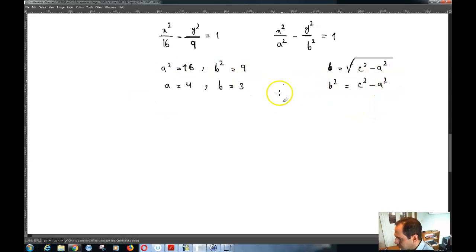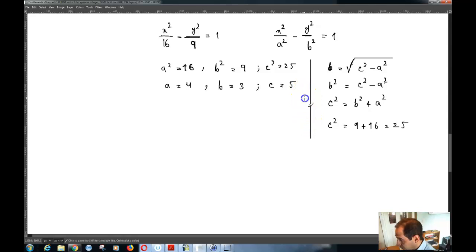Since I'm looking for c here, c squared is equal to b squared plus a squared. So c squared is equal to 9 plus 16, which is equal to 25, and so c is equal to 5.